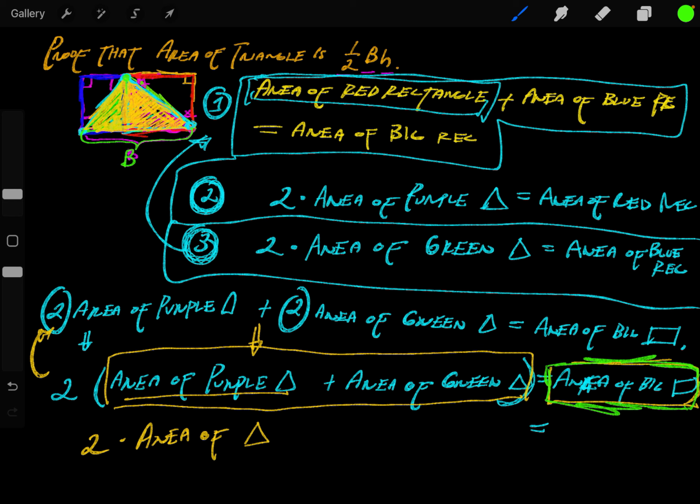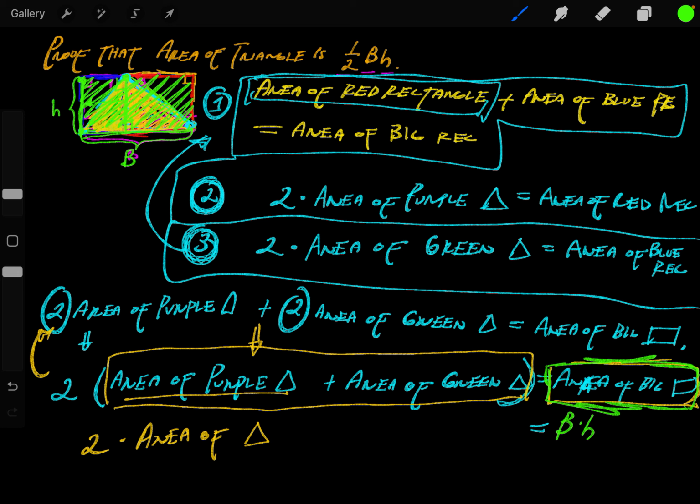And if we remember, this length is a height going down. And that height will exactly line up to this height over here. And the area of the rectangle is just going to be this length times this length. In this case, it's b times h. So the area of this entire rectangle is b times h.